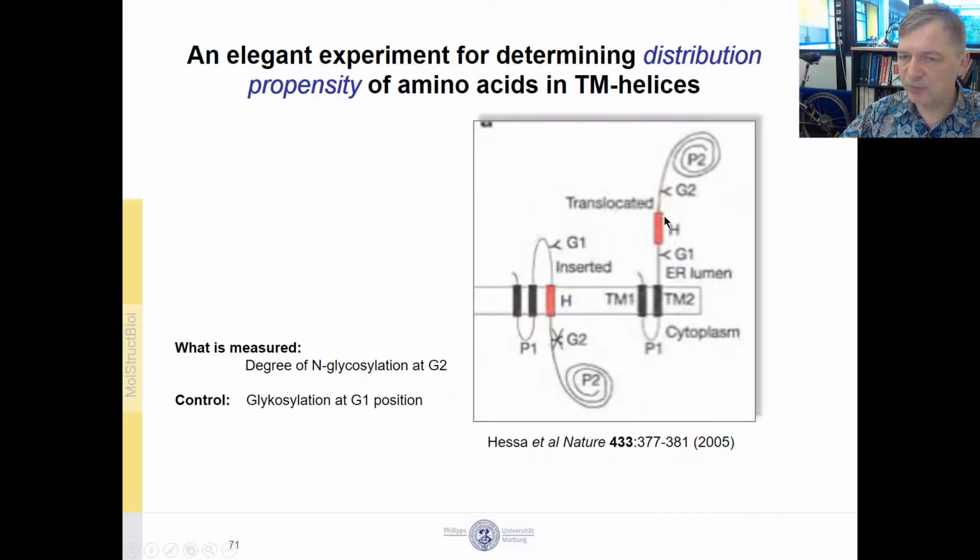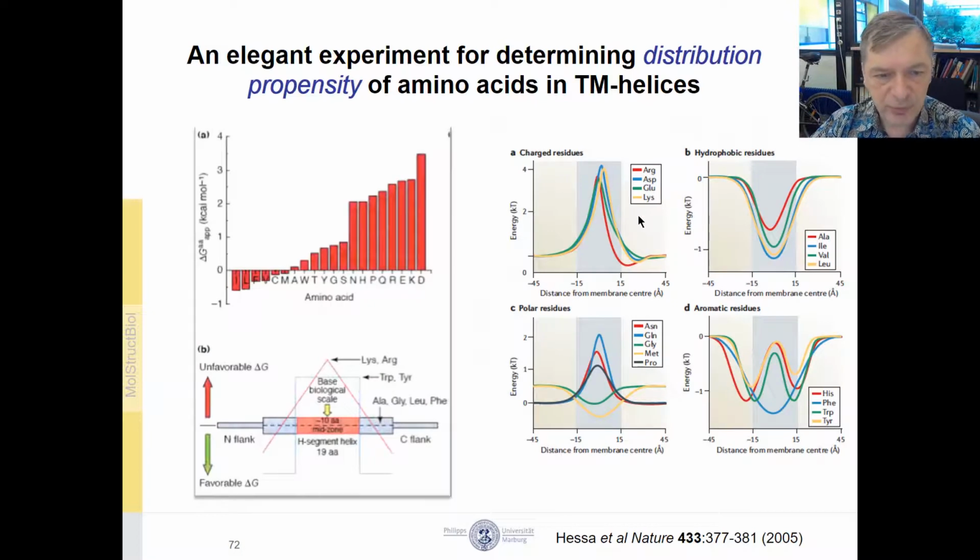By this, the other glycosylation site can also be recognized by the OST complex and modified. A very simple biochemical assay, something to measure on SDS-PAGE and doing densitometry, how much is glycosylated or not.